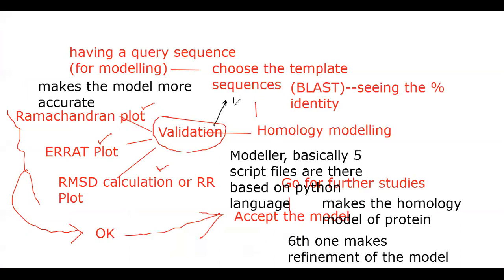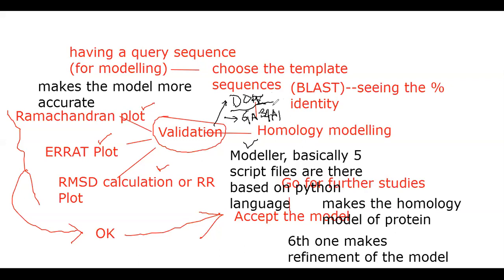One is called DOPE score, and the other is called GA341 score. DOPE score and GA341 score are given by Modeller. What is DOPE score?